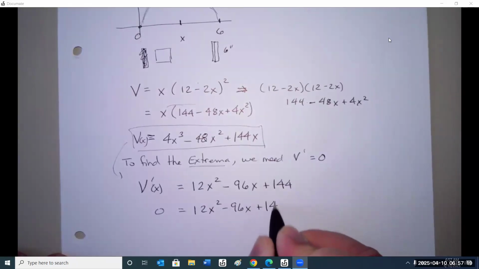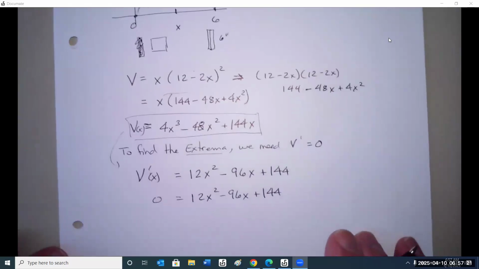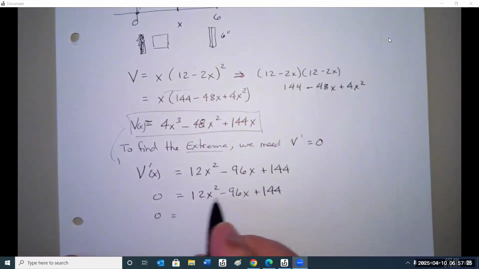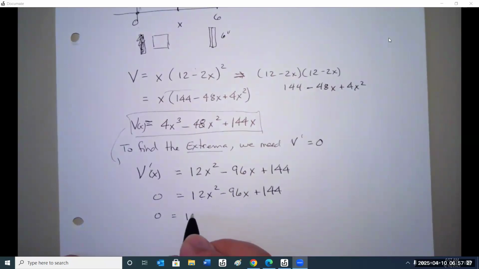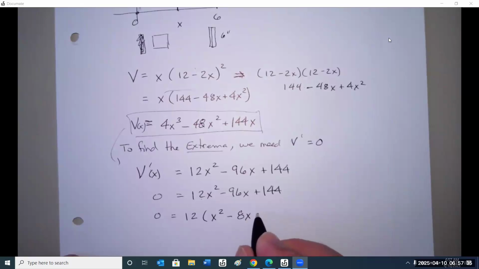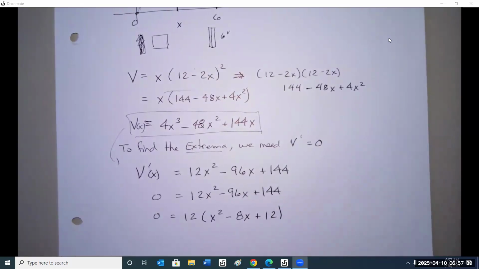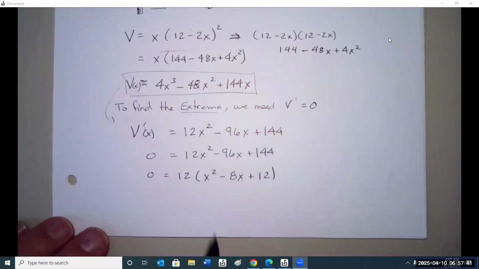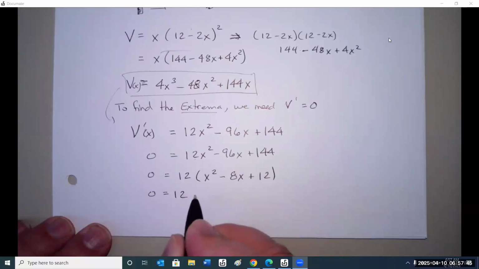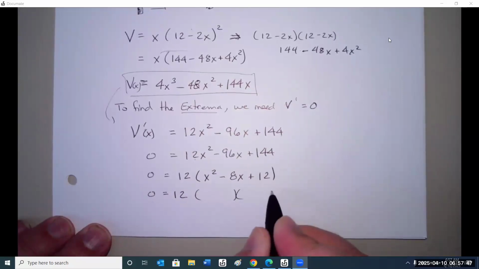Okay. Let's make it easier for ourselves. Since these are all factors of 12, we can take out a 12, leaving us with x squared minus 8x plus 12. We can factor this equation.